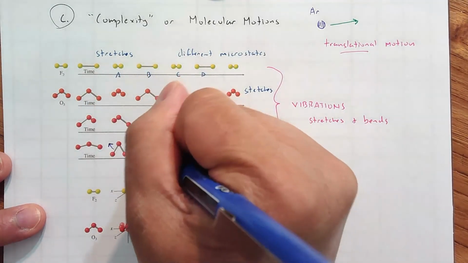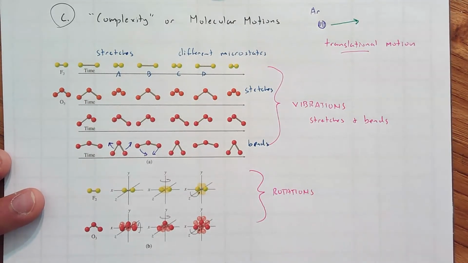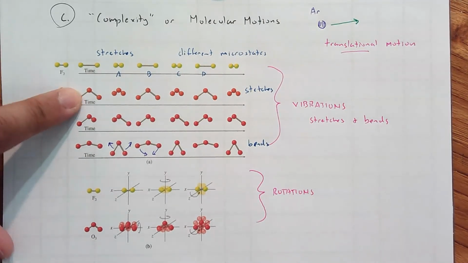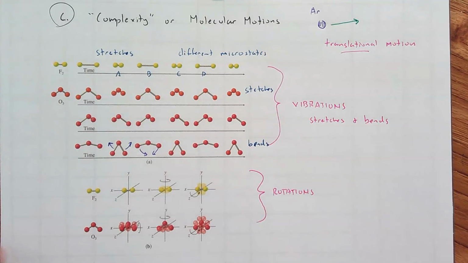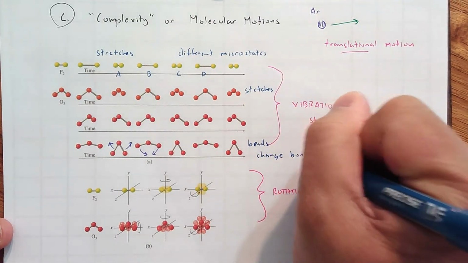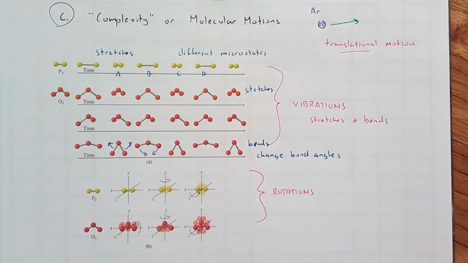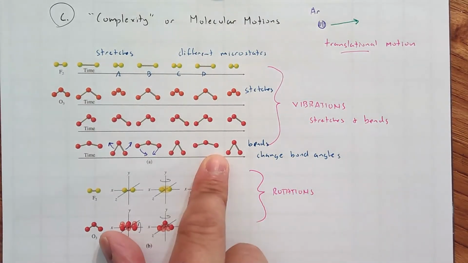And here, we're going to push inward. So we're making different bond angles. All the bond angles up here are identical. So bends change bond angles. By adding that third atom, we have access to more microstates.